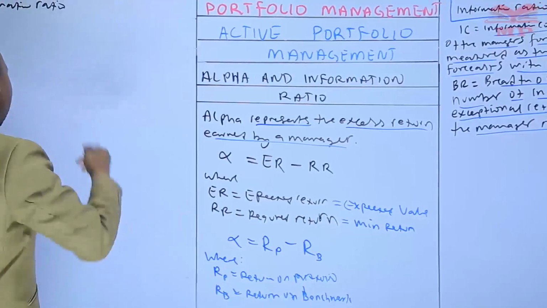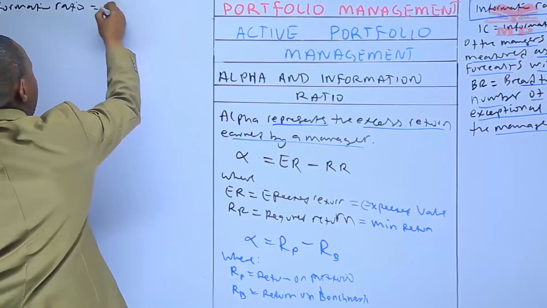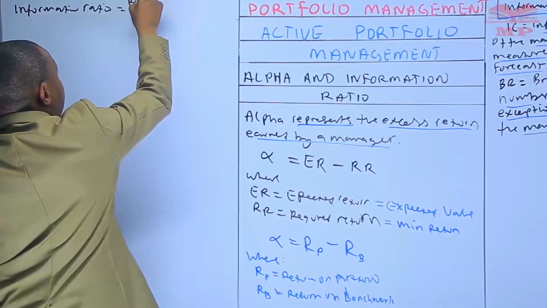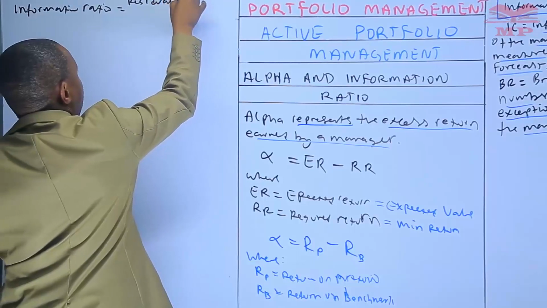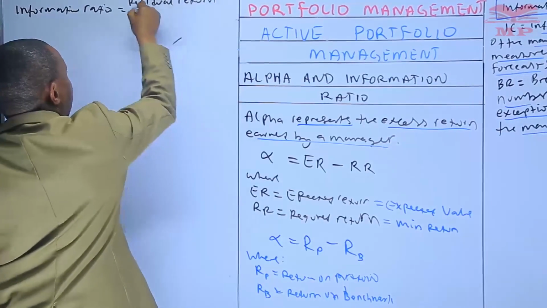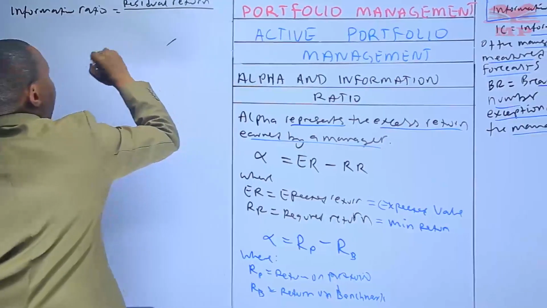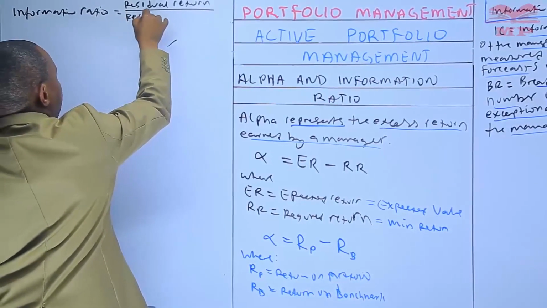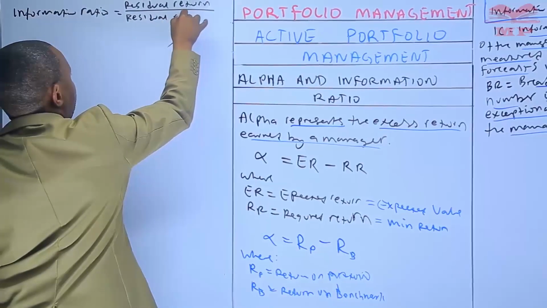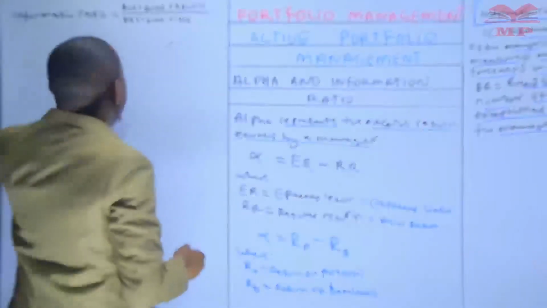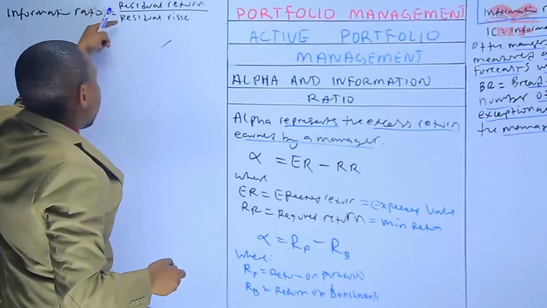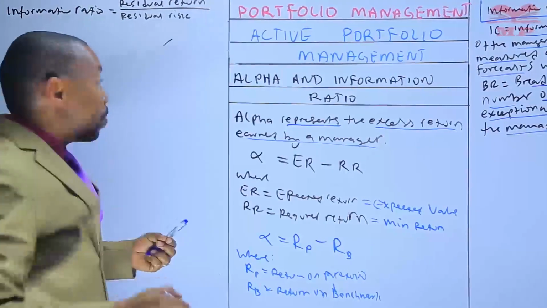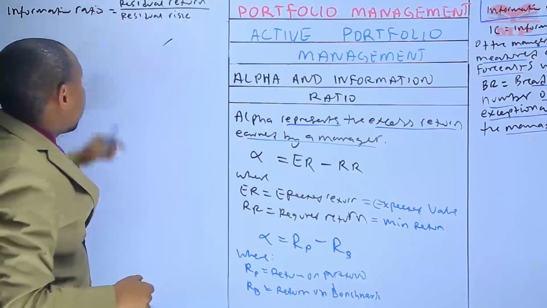The information ratio is given as residual return divided by residual risk. Both residual return and residual risk should be computed on an annual basis.